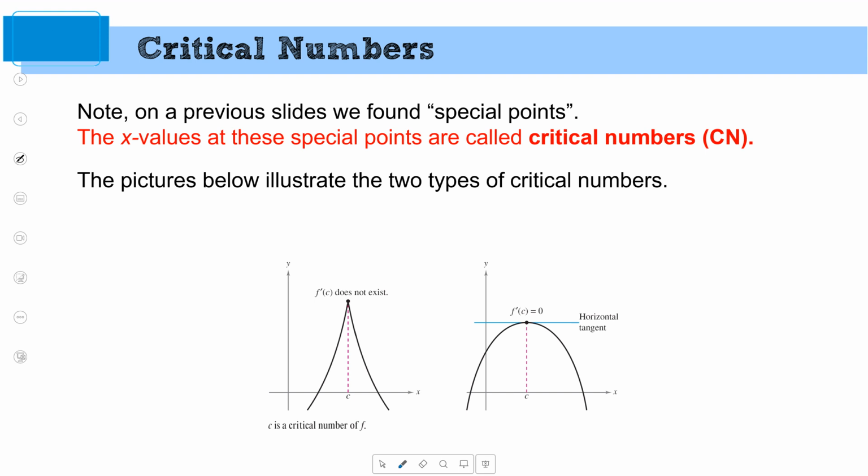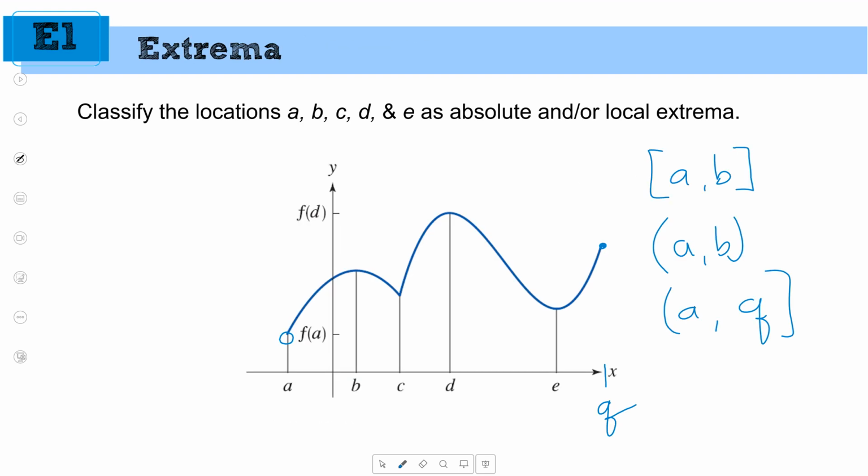We're going to be looking for two things in graphs. We're going to be looking for where the derivative equals 0, and we're going to be looking for where the derivative does not exist. How do I get a derivative that doesn't exist? We'll get to that later, but commonly on a graph, that's what it looks like. So if I go back to this guy, at the point C, we have a non-differentiable graph.